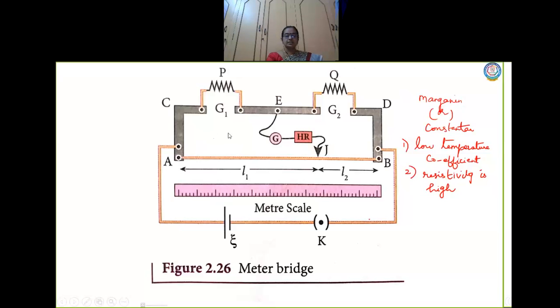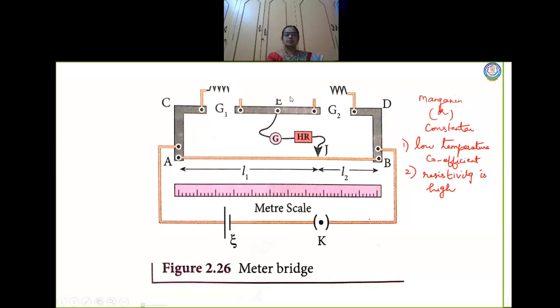Between these two copper strips you have one more strip called E. There is a gap G1 between C and E, and a gap G2 between E and D. In these gaps you connect the resistors. One resistor is connected across G1, the other across G2.